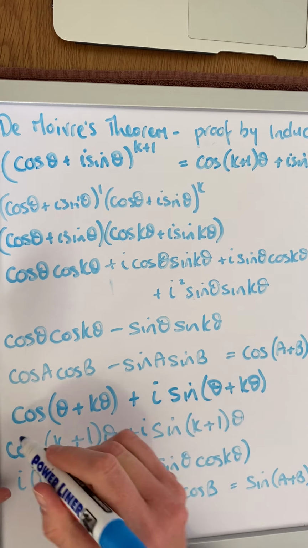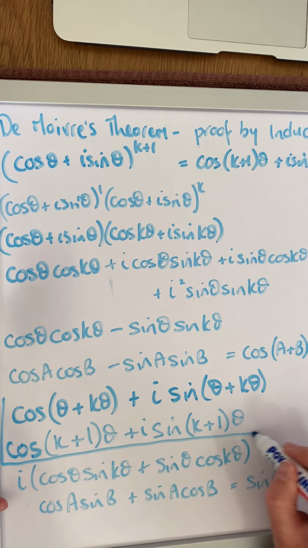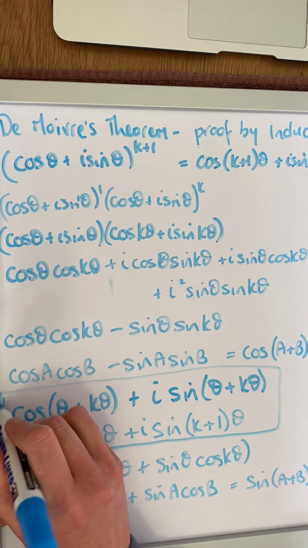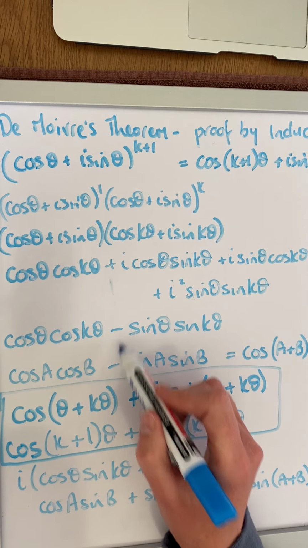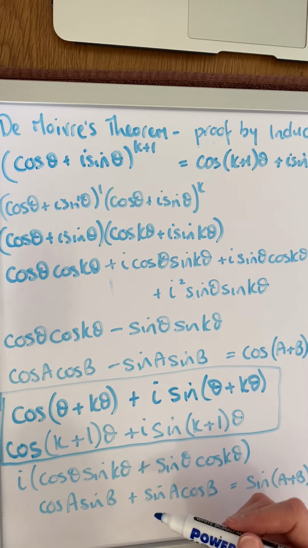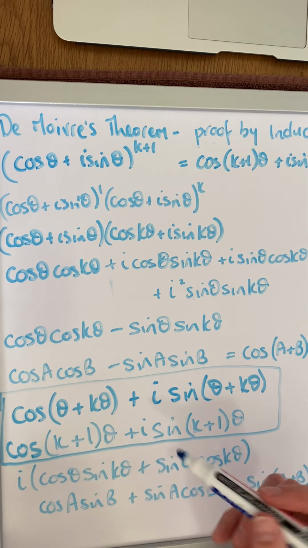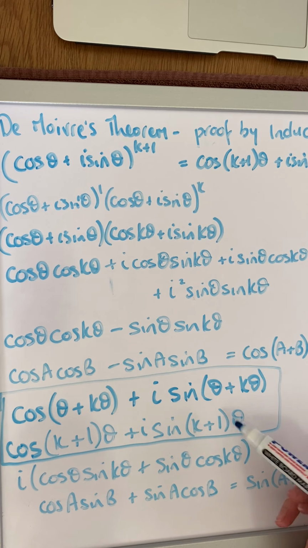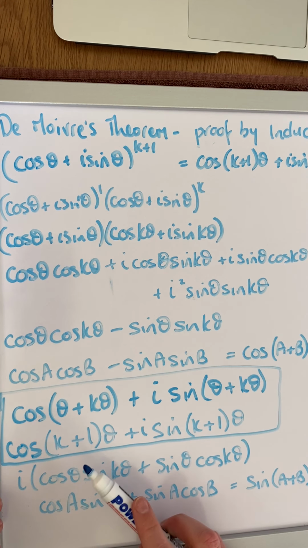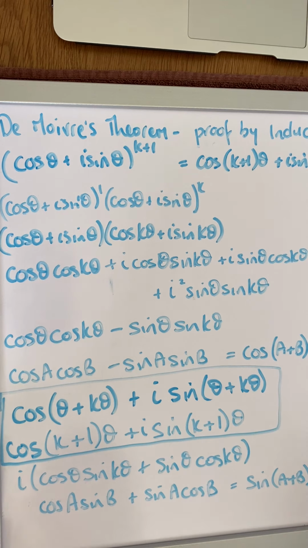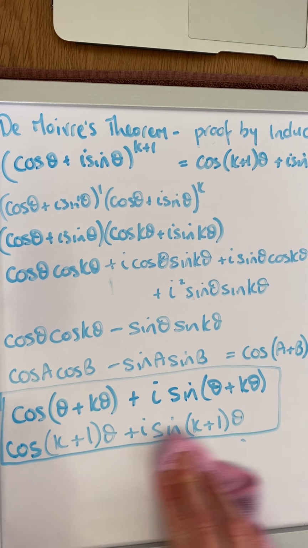So it's a bit mixed up. This here in the middle will be our final line in our proof. This bit up here and down here is how we arrive at the cos of (k plus 1) theta and sine of (k plus 1) theta. So now, because our left-hand side is equal to our right-hand side, we simply have to write a final conclusion.